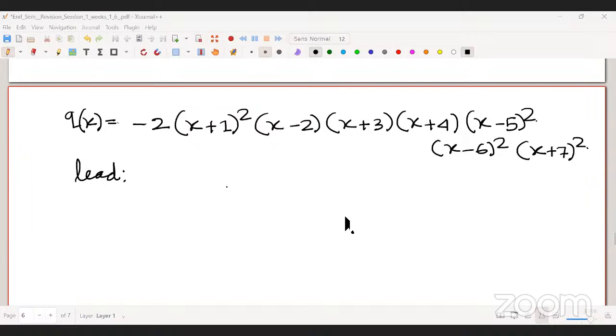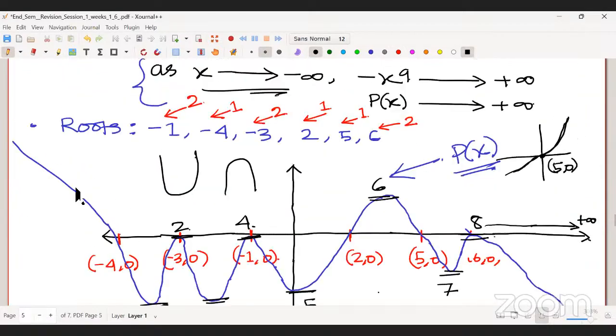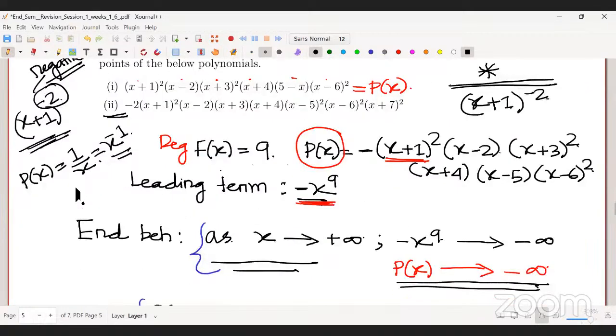Sorry, no. See, what you are doing is, if you see this question, how did we get minus x power 9 as the leading term of this polynomial? From this expression we are getting x square.